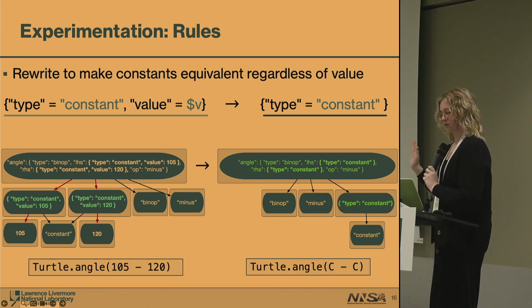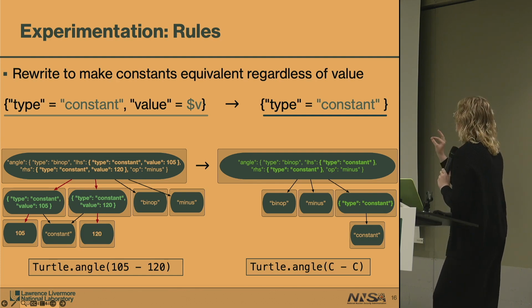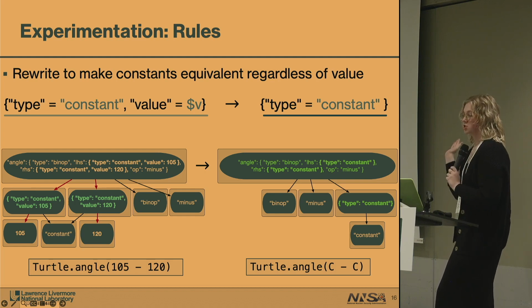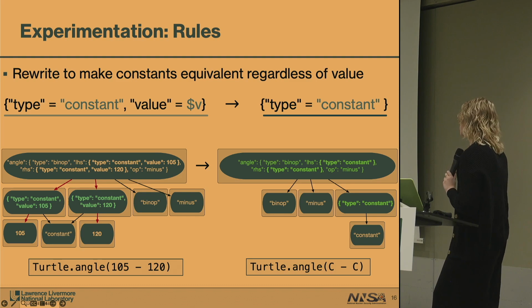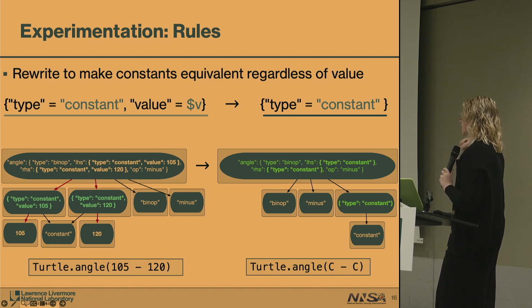So on the left, again, we have this pattern matching here. So we're matching terms that have type constant value $V. Just a meta variable, we're going to match any value that is associated with the keyword value, not constraining it. And then we're going to replace those terms with terms that look like just type constant. So just throwing out that key of value entirely.